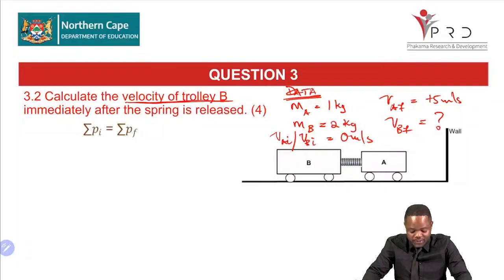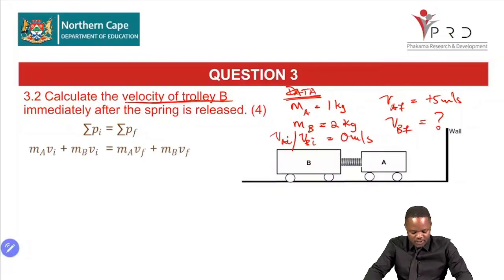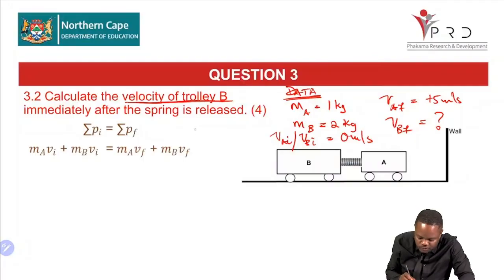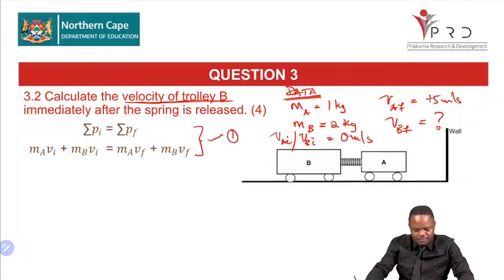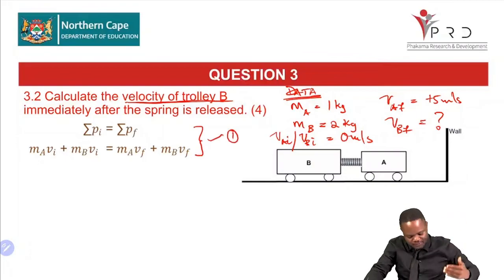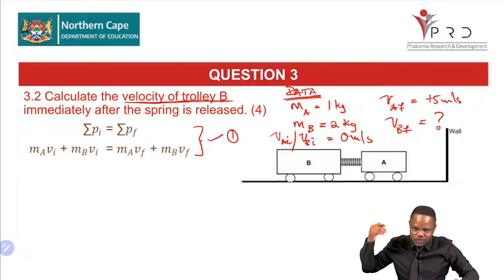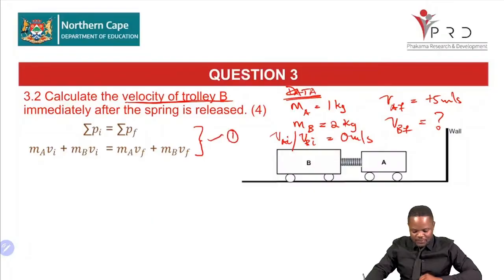Now that we have our data, we apply the law of conservation of linear momentum. So we know the sum of the initial momentum is equal to the sum of the final momentum after the collision. Stating this constitutes a single mark.